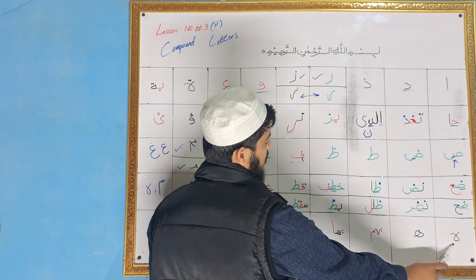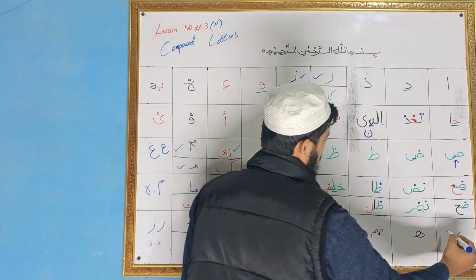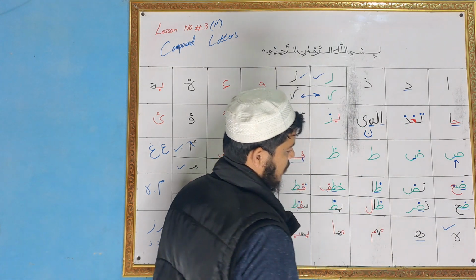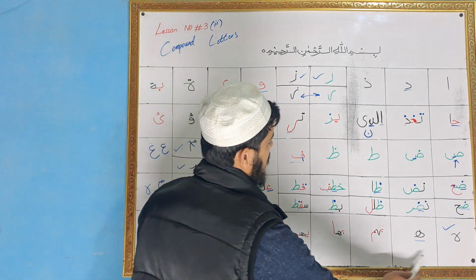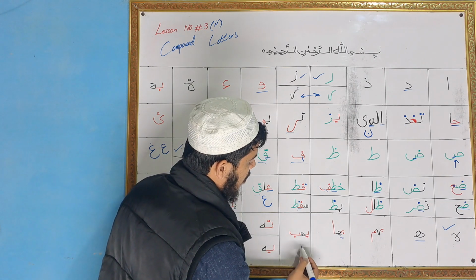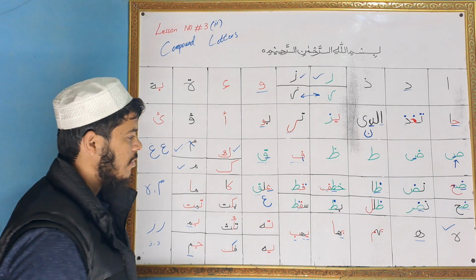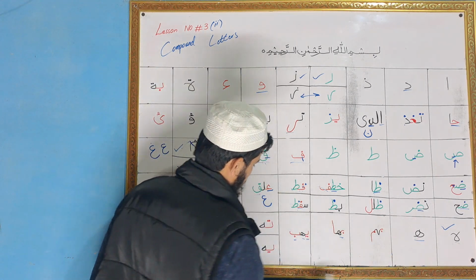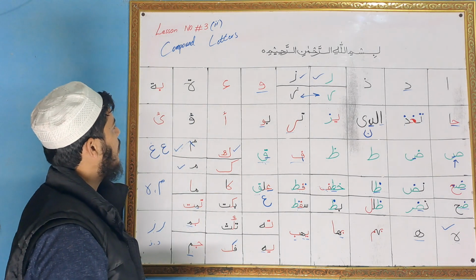Ha. You see this letter Ha? This letter has two shapes. This one we discussed in the alphabets, and there is another shape of Ha with two holes in it. This is the same letter. You can see this one, Ba, Ha, Alif, Ya, Ha, Ba, and as a last letter, basically the same shape is there, Ta, Ha, Ya, Ha.